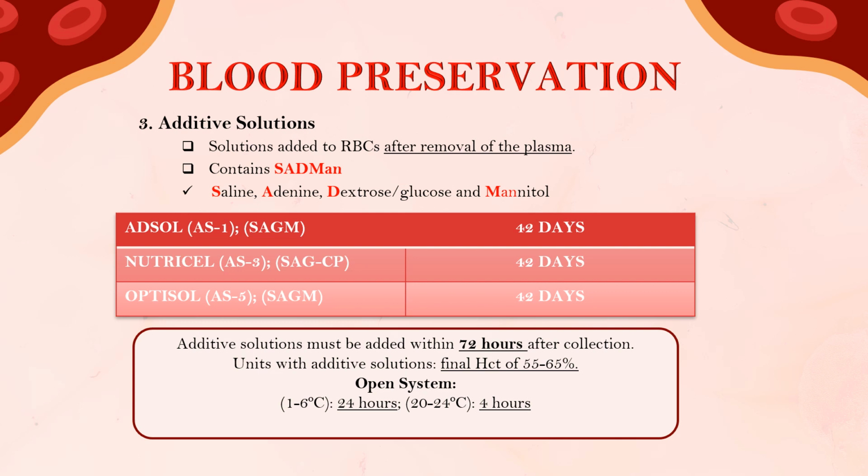Additive solutions must be added within 72 hours after collection, giving a final hematocrit value of 55% to 65%, compared to the original non-additive RBCs having 80% hematocrit in normal physiology.